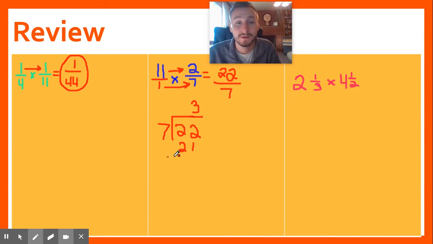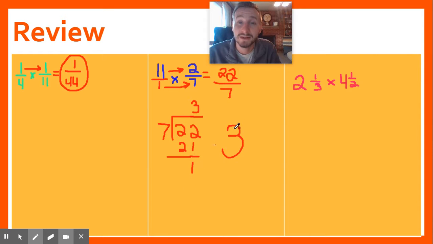When we subtract these, 22 minus 21, we just get 1. Do we have any other numbers we can bring down? Nope. So now we want to make our mixed number from our improper fraction. So you take your answer, which is 3, so you write a big old 3.